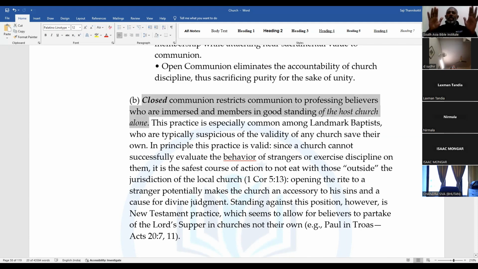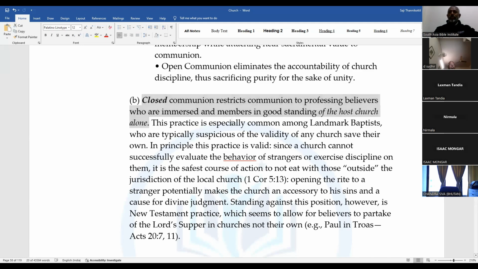They do not give the Lord's table to anybody else. You know, any pastor who comes to visit, the Lord's table is not served to them. They do not give to anyone and everyone. Right? They don't give even to good Christians who are not members of that particular local church.